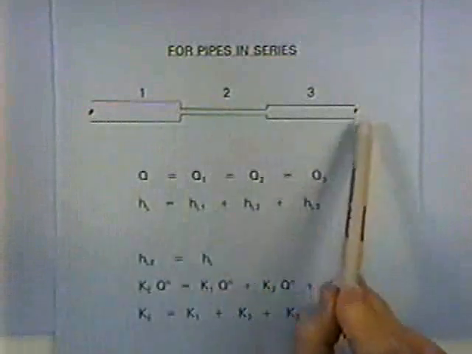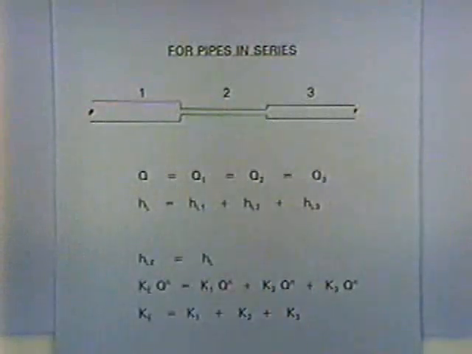You could replace that with one equivalent pipe, say, when you're using the KYPipe water distribution system simulation model. The equivalent pipe is just one pipe equivalent to all three of those, and its head loss would be that total head loss.